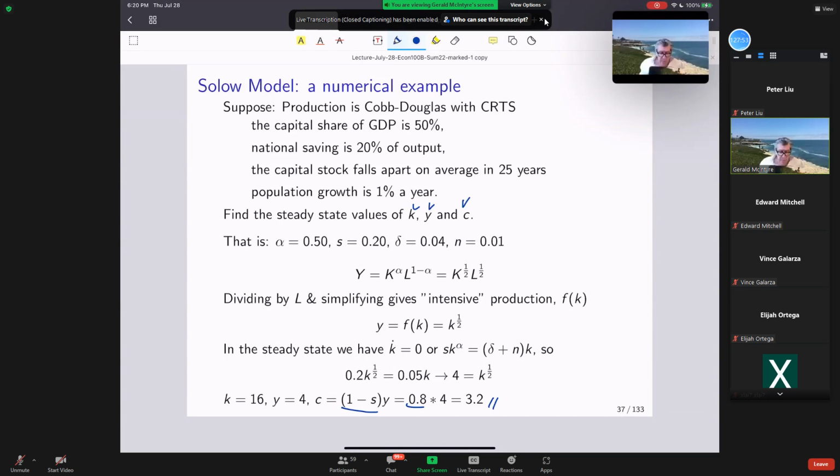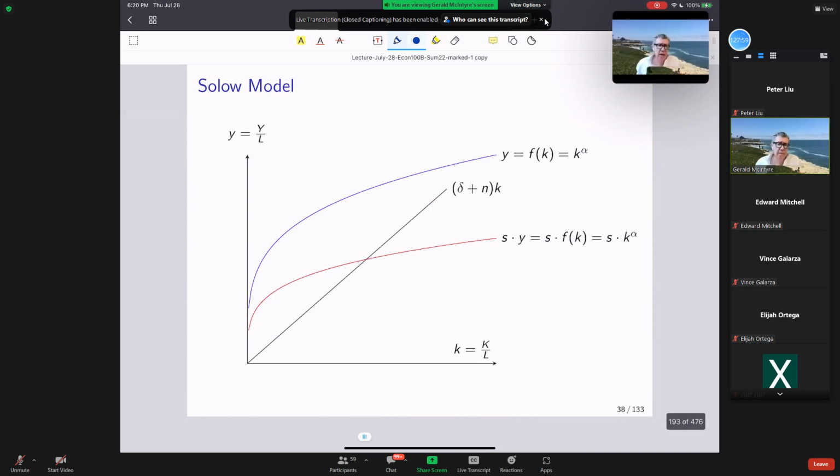Let's work with this model a little more deeply and go into greater detail now. What we're solving for, we get this expression here: K dot is equal to S times K to the alpha minus delta plus N times K. That's the general solution. That's the differential equation, or the equation of motion of the capital stock per worker.